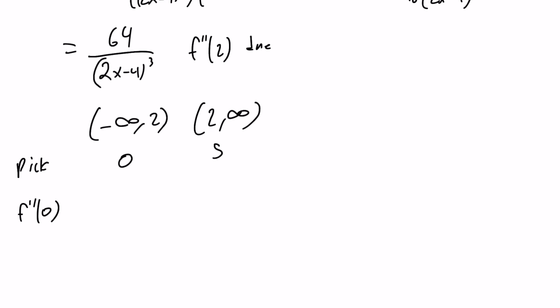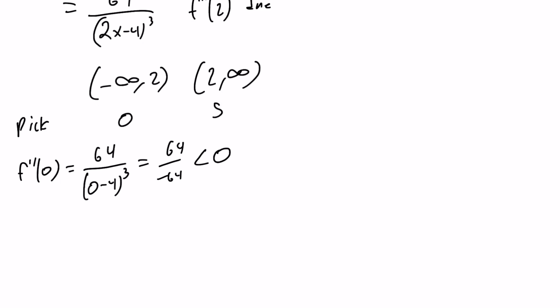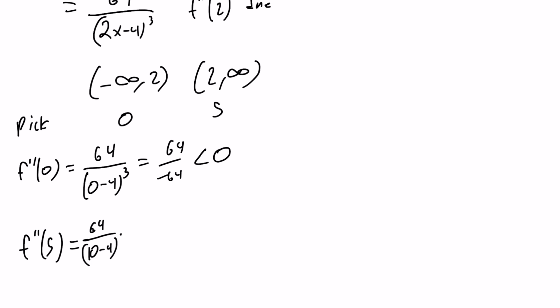And we're going to plug both of these into the second derivative. So the second derivative of 0 is 64 over 0 minus 4 cubed. That's 64 over minus 64, which is negative, less than 0. Then lastly, f double prime of 5 is 64 over 10 minus 4 cubed.